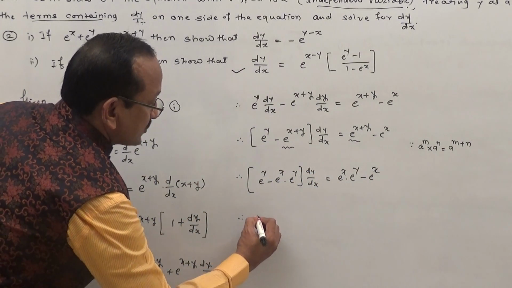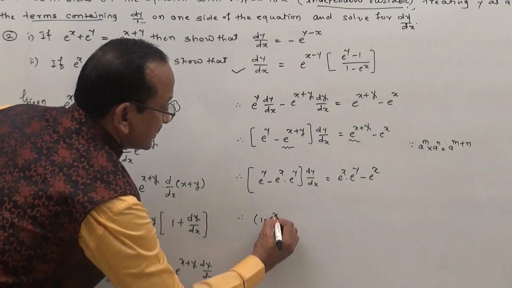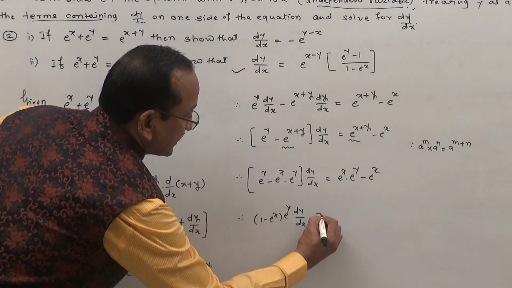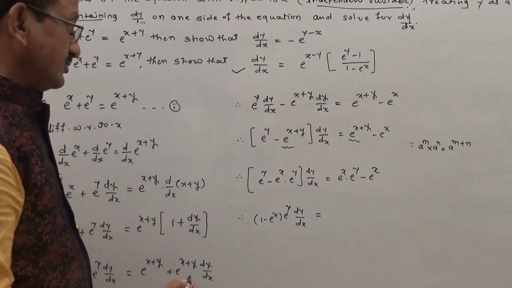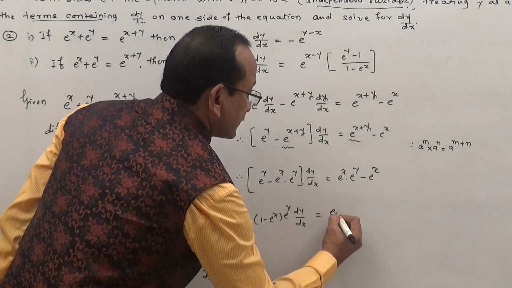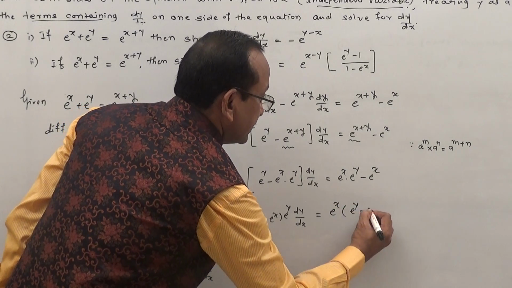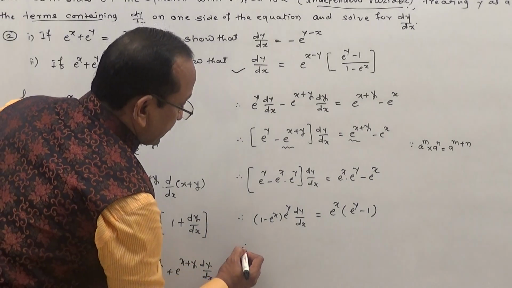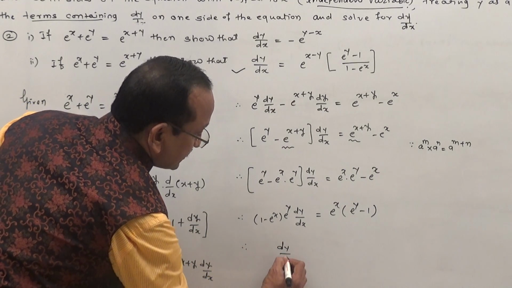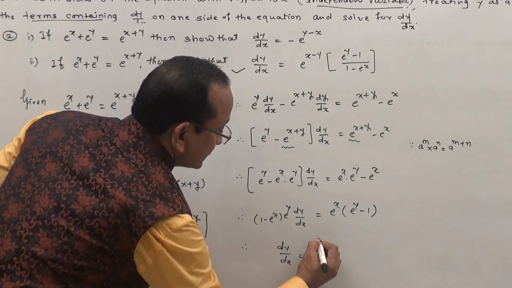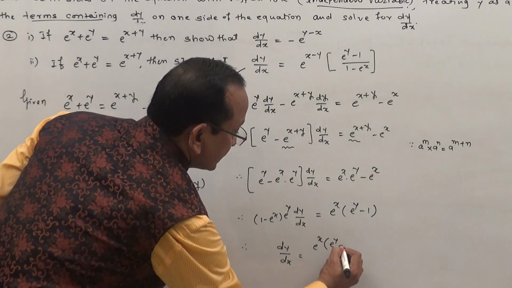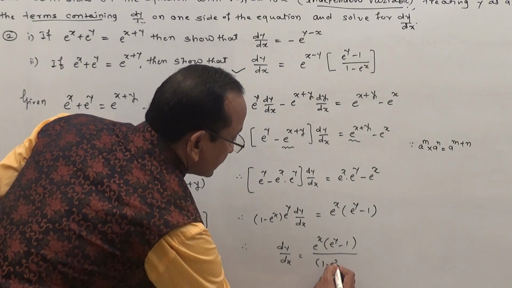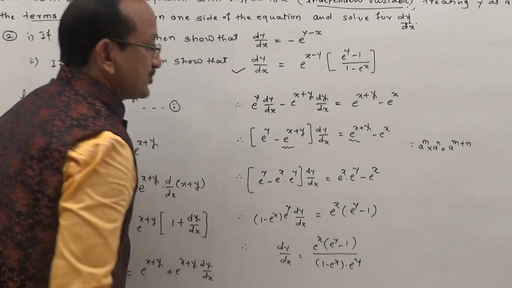E raised to y is common: 1 minus e raised to x into e raised to y dy by dx is equal to, take e raised to x common, e raised to y minus 1. Now by taking reciprocal, dy by dx is e raised to power x, e raised to power y minus 1 upon 1 minus e raised to x into e raised to y.